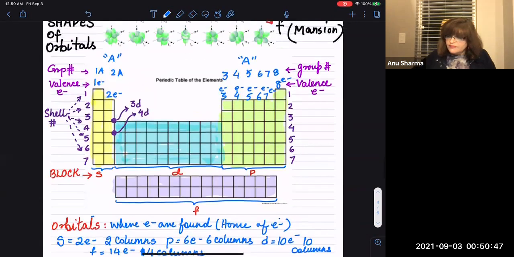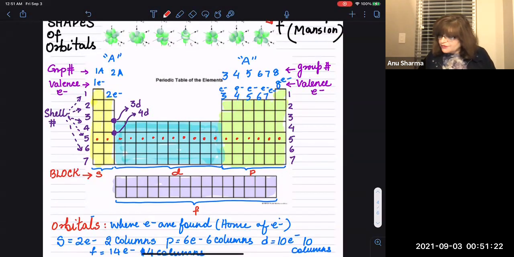You can count them. 10 electrons of D, 10 columns of D, 1, 2, 3, 4, 5, 6, 7, 8, 9, 10. P has 6 columns because P can hold a maximum of 6 electrons. Where are they? 1, 2, 3, 4, 5, 6. S can hold a maximum of 2 electrons, so there are 2 columns. Where are they? 1, 2.